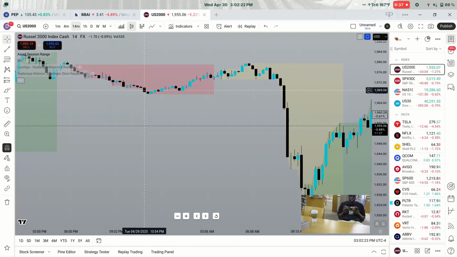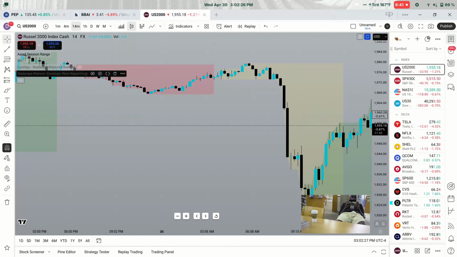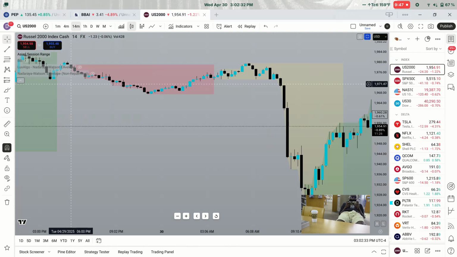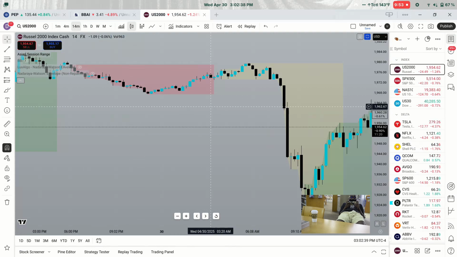You see that? Okay, and then there's London. So when it's night for us, at 6 p.m. and all the way through to about 3 o'clock, the Asian market runs.